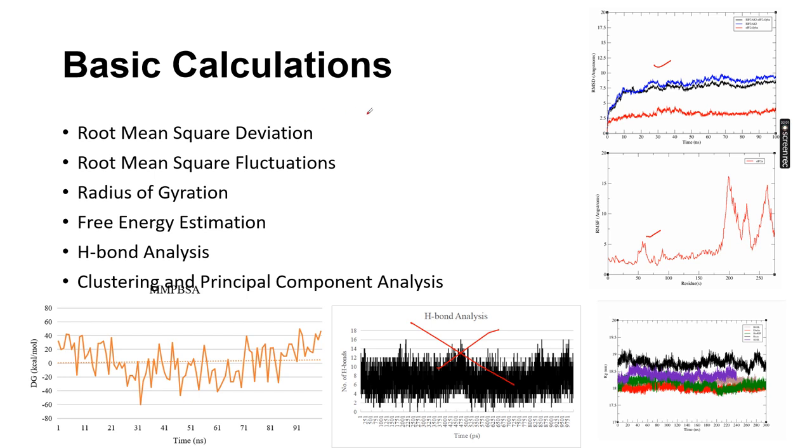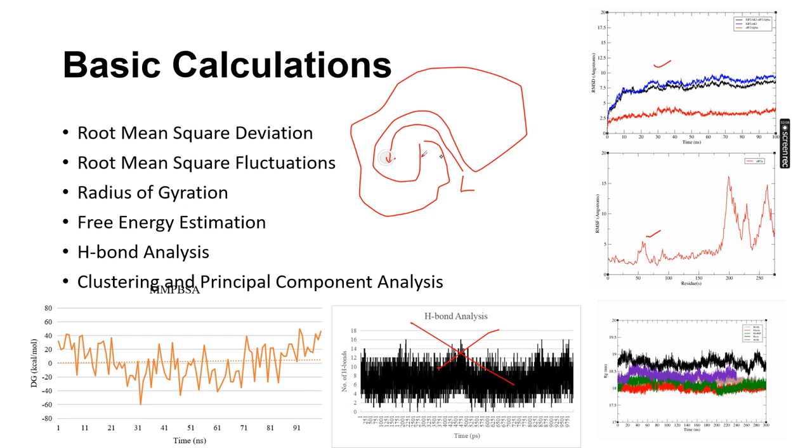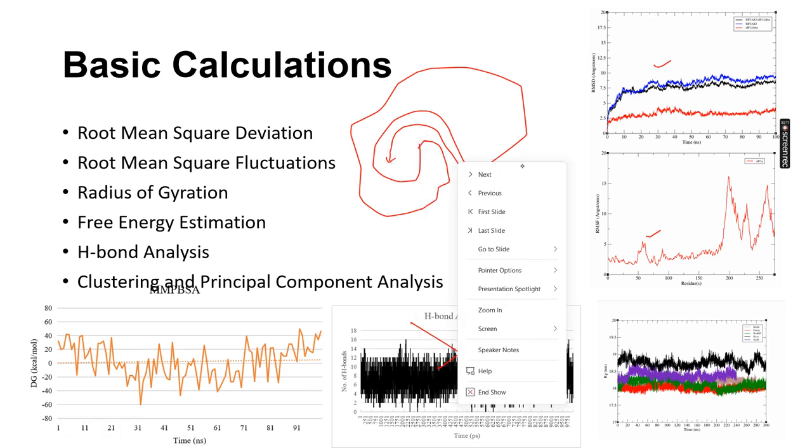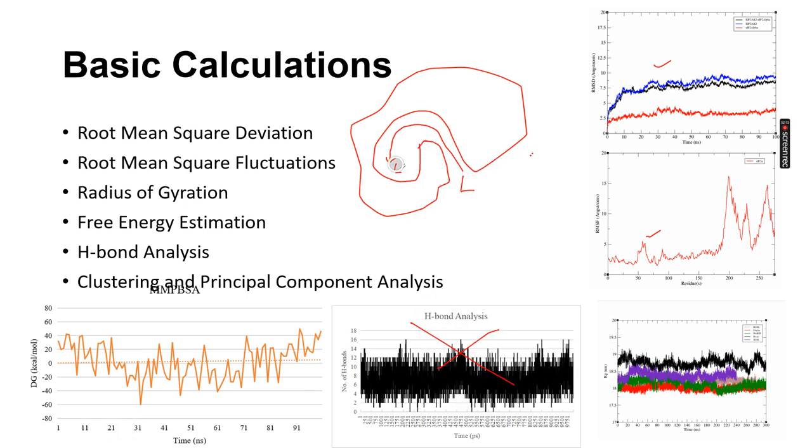Suppose there are some case studies. We have a ligand, and this ligand will slowly go and reach this area. Now the question comes, till what time it will stay here.